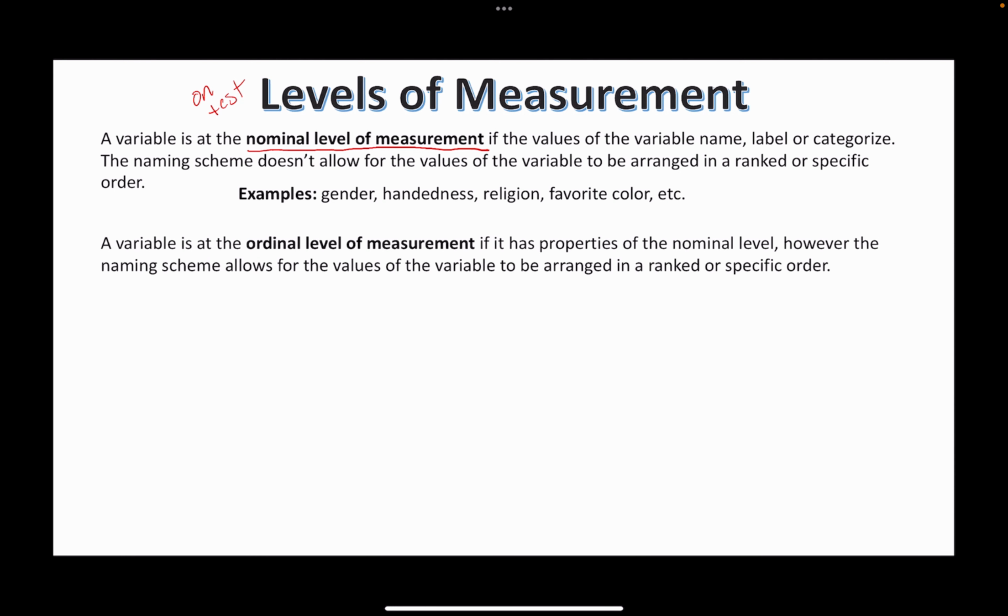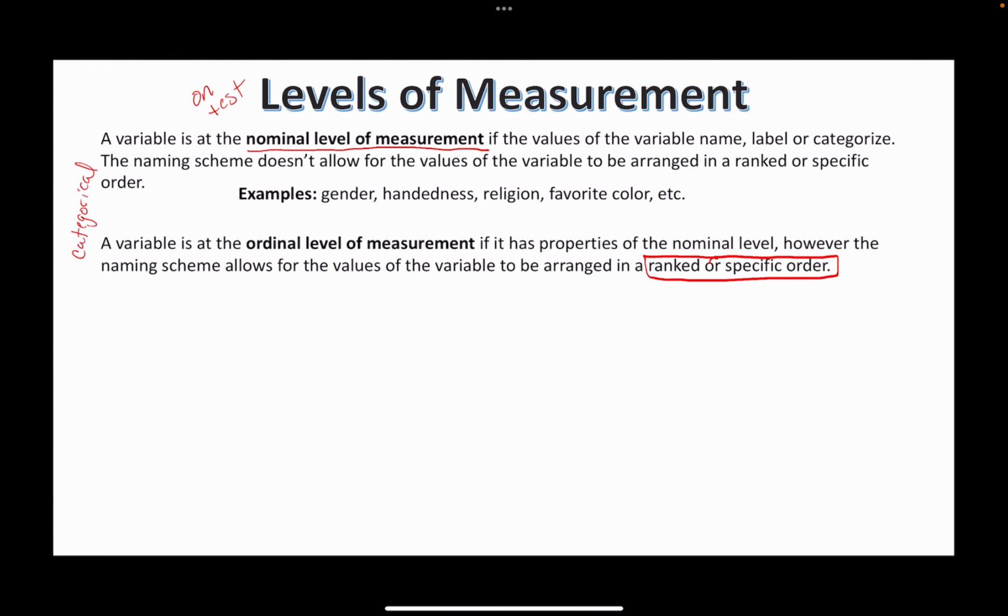So ordinal is similar to nominal. Once again, they're both categorical, and ordinal is similar to the nominal level, except they are ranked in a specific order. So if it would look weird if you put them in a different order, then it's probably ordinal.